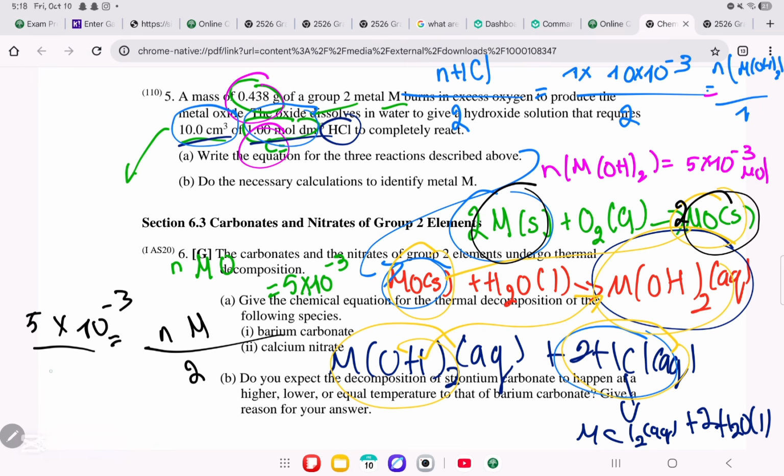Sorry, my bad, I forgot to put a 2 over here. So now it's going to be the number of moles of metal oxide, which is 5 times 10 to the power of minus 3, over the coefficient, which is 2, is equal to the number of moles of metal over 2. So you can remove this and you will get very simply that the number of moles of metal is 5 times 10 to the power of minus 3.